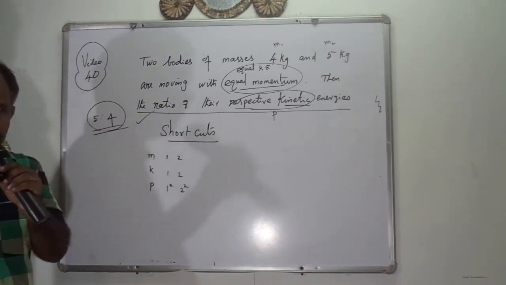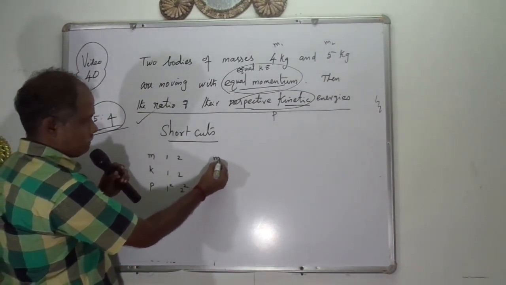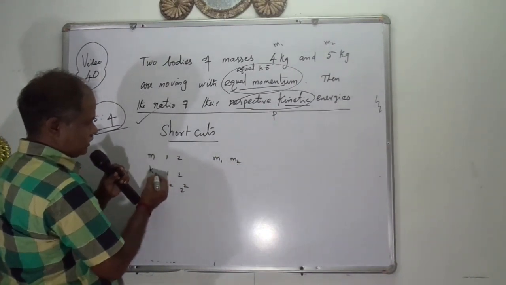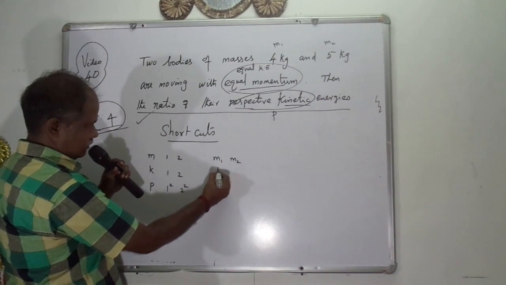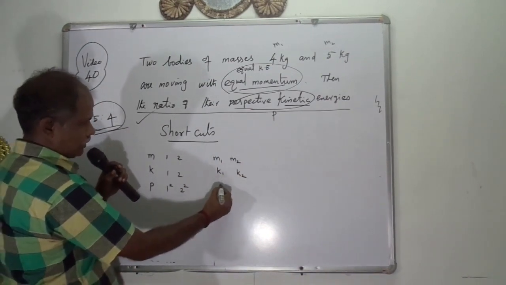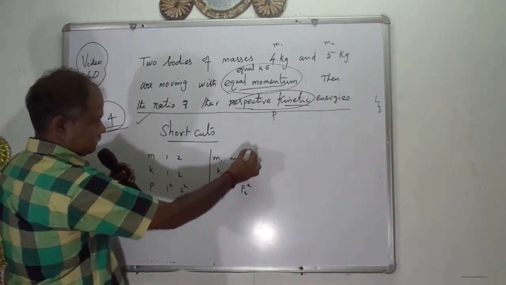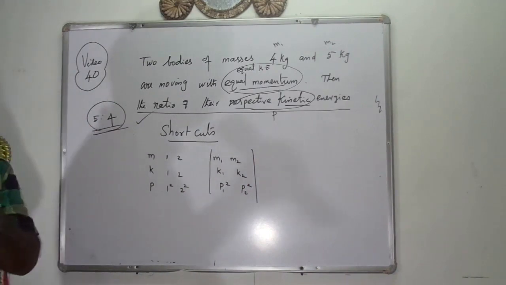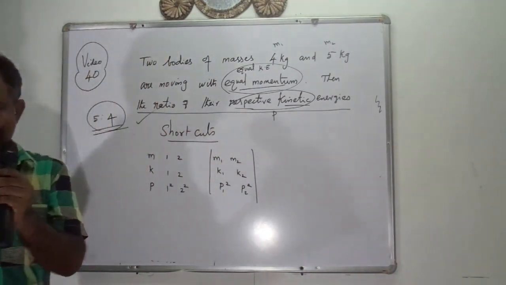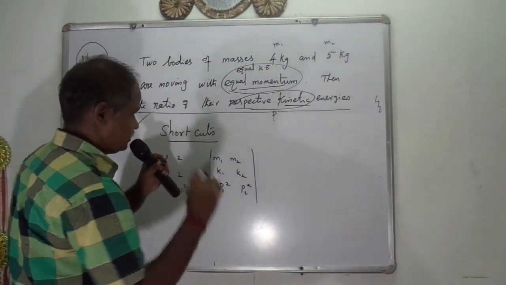Next step, instead of 1, M1, instead of 2, M2, then K1, K2, then P1 square, P2 square. This is enough to find the solution for this particular problem.